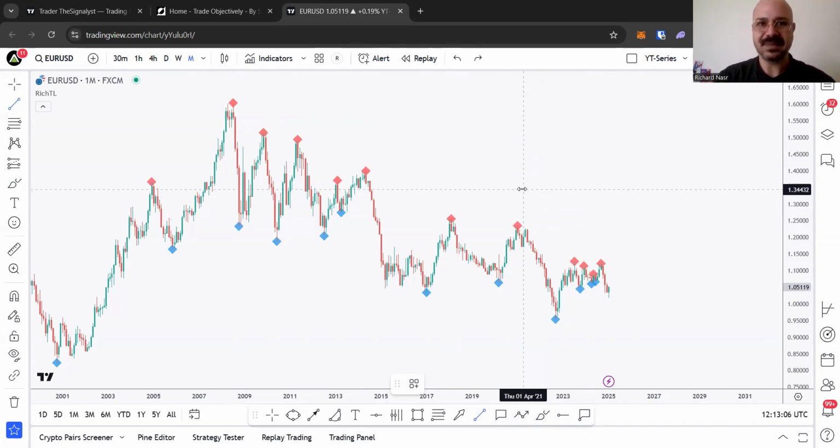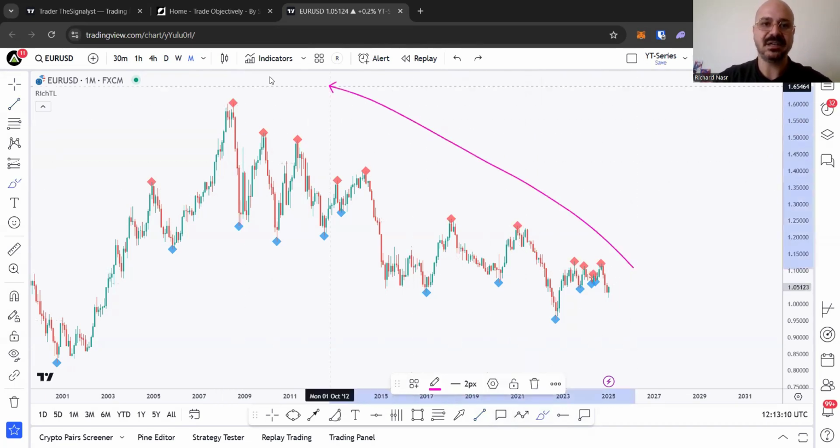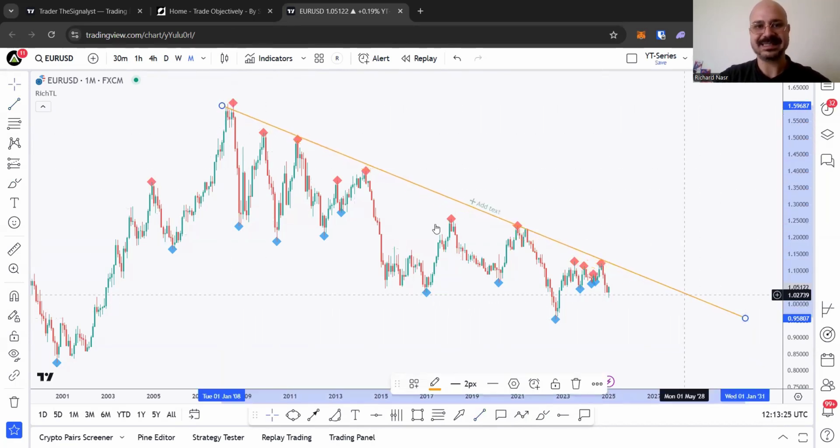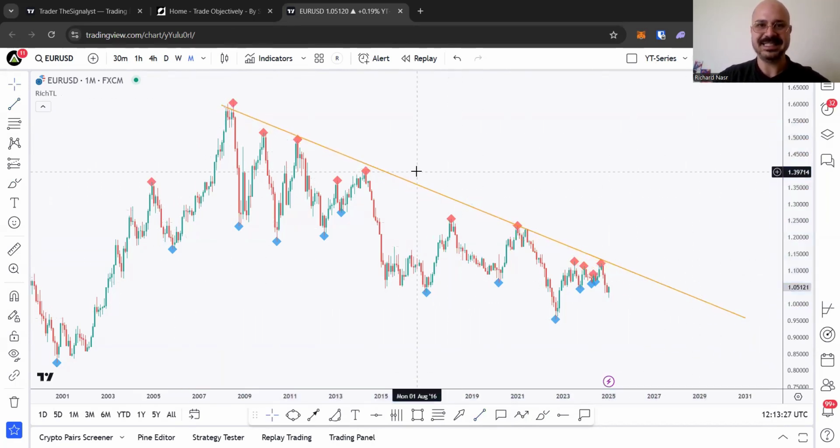So EURUSD monthly time frame overall bearish. So we want to draw something that engulfs this overall bearish movement to know where we are around. Are we around the upper band, lower bound, within the range in the middle where we have no edge? So we can just do it by drawing a simple trend line by connecting the highs. As you see, the upper bound, the highest points.